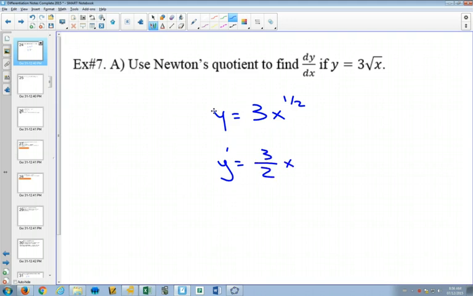If I subtract 1 from the exponent, how much faster was that than using Newton's quotient? Basically, we could just look at the answer. Notice our half came out in front. We're going to talk about how that constant in front doesn't make a difference. We're going to add that as a rule, and then we can quickly find the derivative.